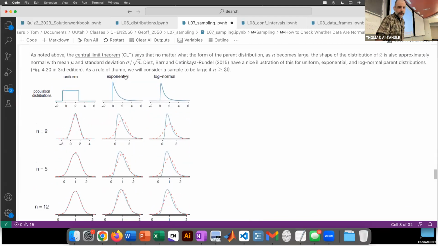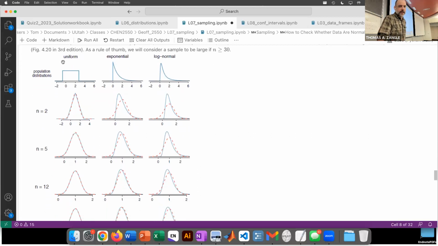So this is showing examples. If we take a uniform distribution, we can think of that as an approximation of what you would see if you had a die. You can do the same thing with die rolls. If you roll a die one time, we know we have a probability of 1/6 that we get any given number to come up, right?